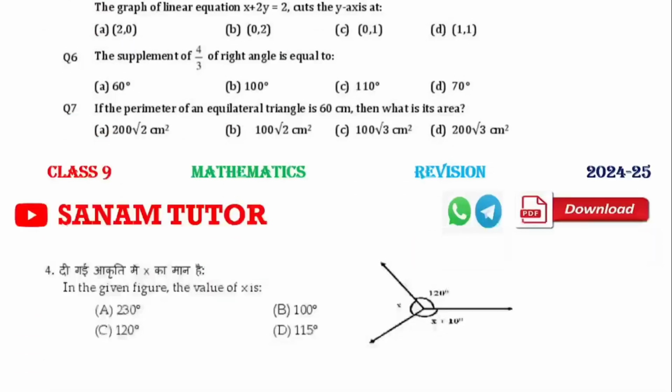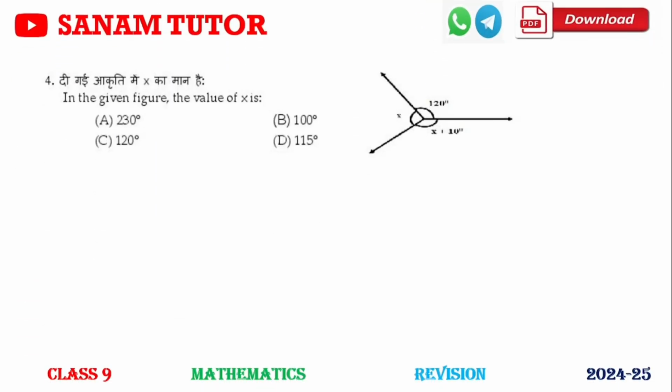Now next, in the given figure, find the value of x. We know that the whole is 360 because it is a circle, so write down 120 plus x plus 10 plus x is equal to 360. Yes or no?